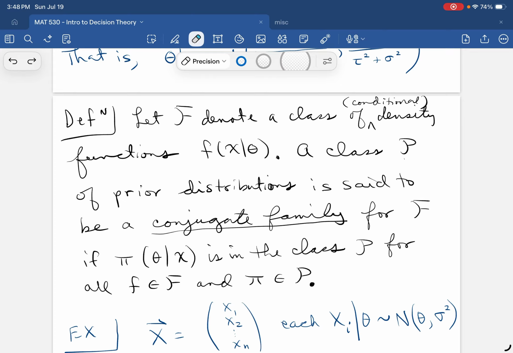So essentially, the distributions of theta, whether prior or posterior, stay in that family P.